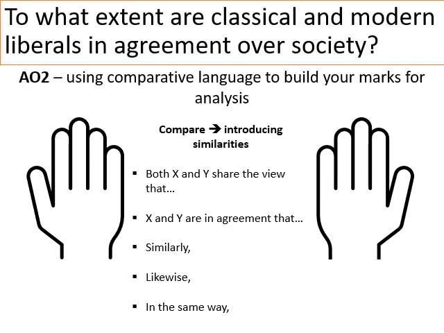You've got some examples of sentence starters there that you might want to use when you're comparing. You might want to use phrases like 'both X and Y share the view that'. In this case, both classical liberals and modern liberals share the view that, and that helps you to start thinking about what they agree on.